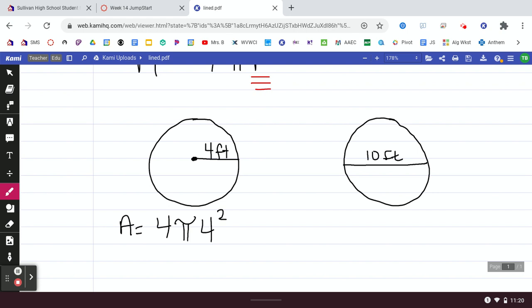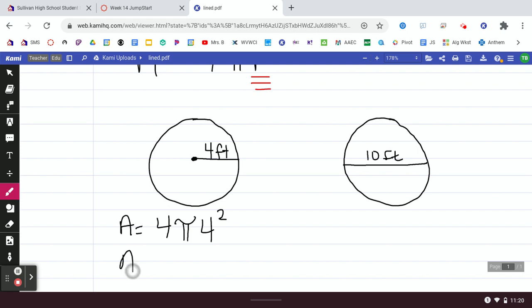So the first thing I'm going to do is put in my calculator 4 pi, and you can say times pi or not. It doesn't matter. If you put 4 and pi next to each other, it's going to do it. Then you put times 4 squared, and you can either just punch in 16 or punch in 4 squared. It does not matter. And you're going to get 201.0619298. That's a lot of numbers.